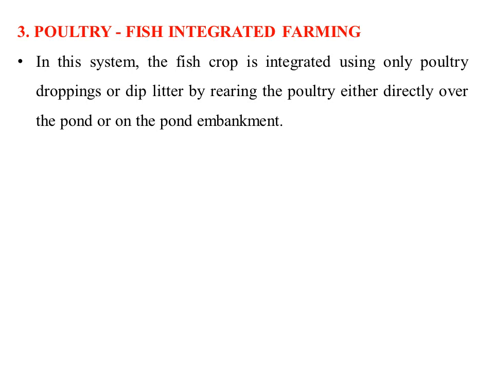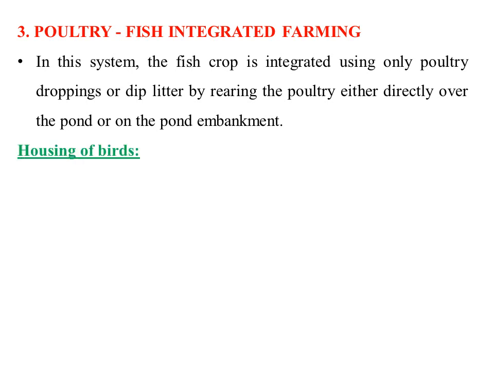Next one is the poultry cum fish integrated farming system. In this type of system, the fish crop is integrated using only the poultry droppings or the deep litter by the rearing of the poultry either directly or indirectly over the pond or on the pond embankment.